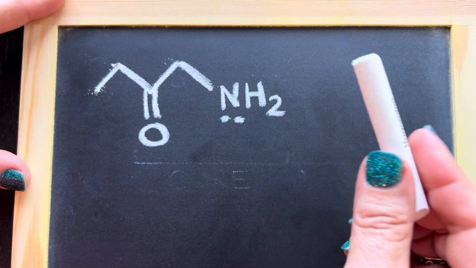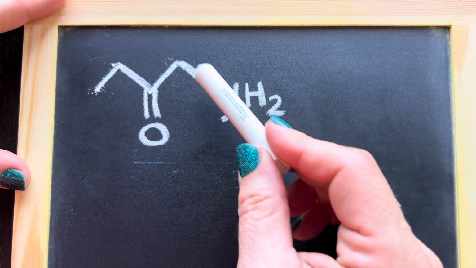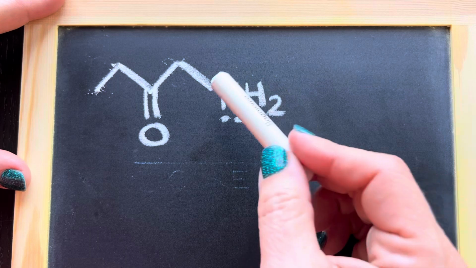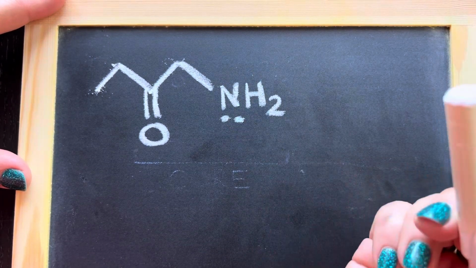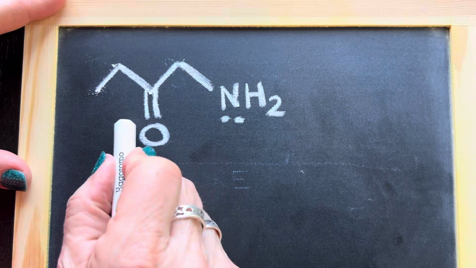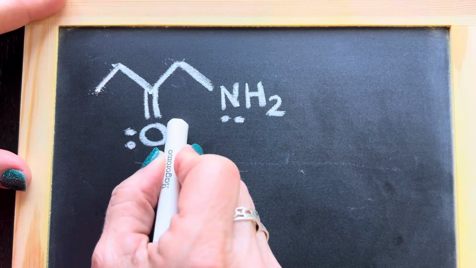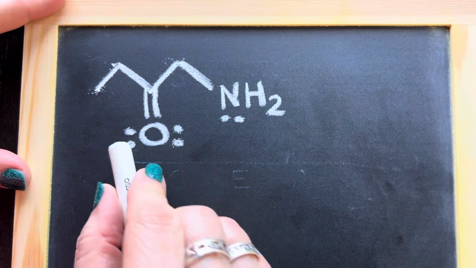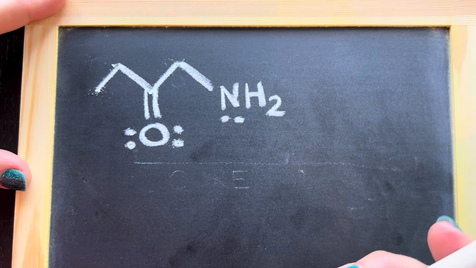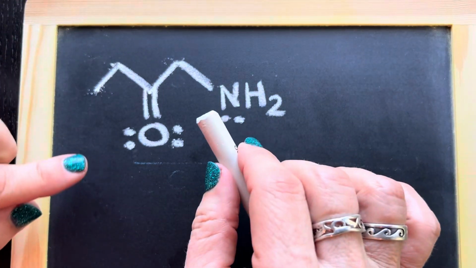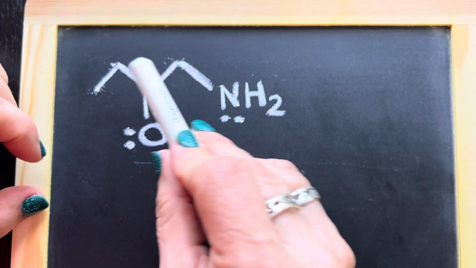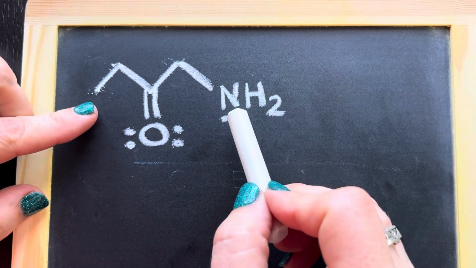So this nitrogen, because it's bonded to carbon there with a single bond, and it's got these 2 hydrogens, it will have a lone pair. And this oxygen will also have lone pairs. So that can help us identify the hybridization of each of these atoms.